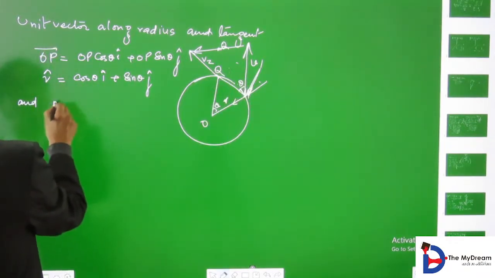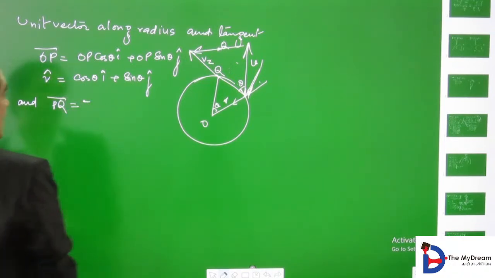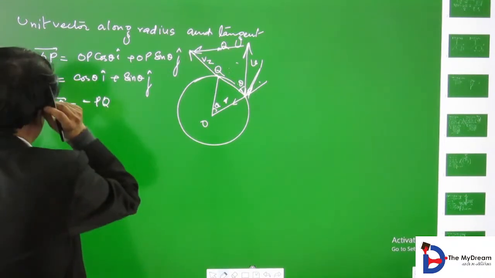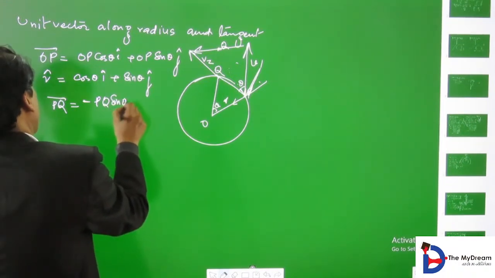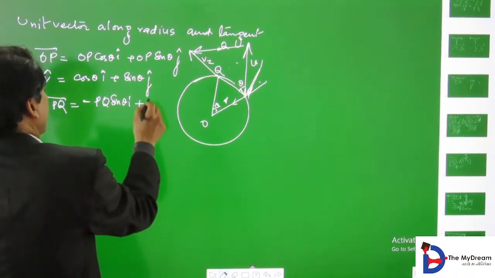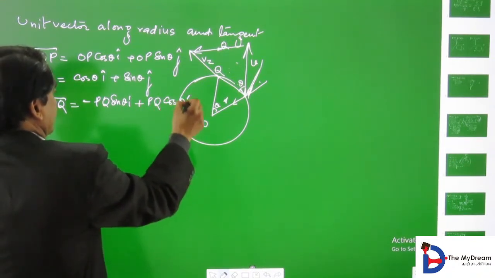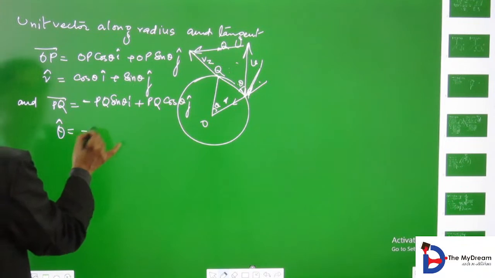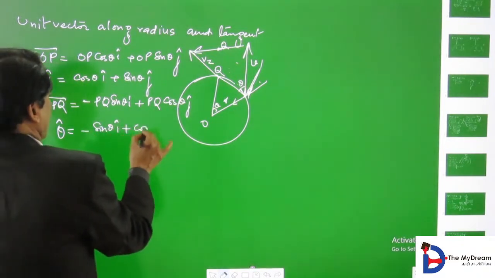So PQ is equal to minus PQ sin theta I plus PQ cos theta j, which is given by theta unit vector: minus sin theta I plus cos theta j.